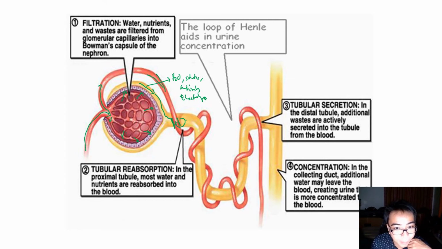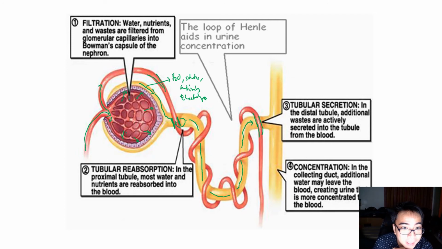Or sa blood vessel na to. Okay? So sige. So dito ngayon class, tatakbo ulit yung waste products natin. Diyan pa yung tubig. Siyempre may tubig na yan. Okay? Pagdating dito class, sa may distal tubules, additional wastes are actively secreted into the tubule from the blood. Now class, here's the bloodstream, here's a blood vessel. Ang nangyayari class, minsan may nakakalusot na waste products. Diba?